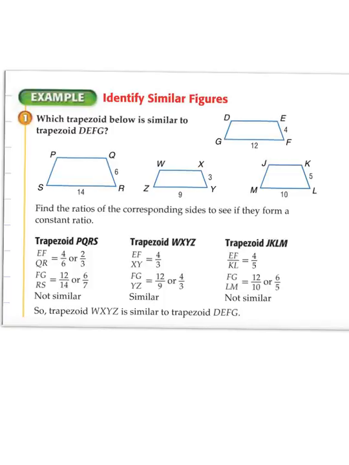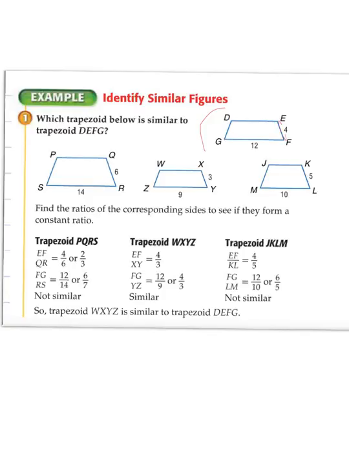All right, so we are looking at identifying similar figures. Which trapezoid below is similar to trapezoid DEFG? So we have this one up here, and we want to figure out which one below is similar. Okay, so the way we do that is we find the ratios of the corresponding sides to see if they are constant.